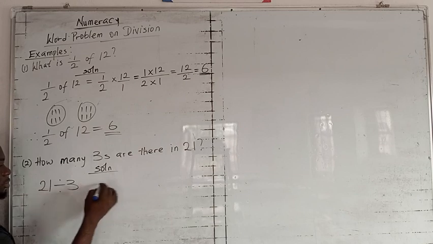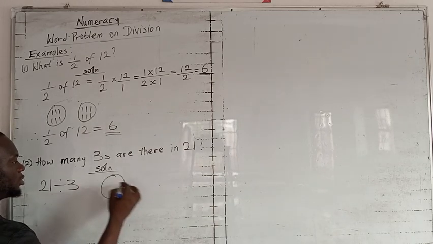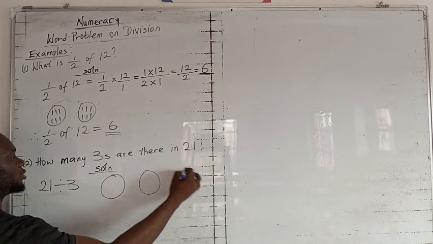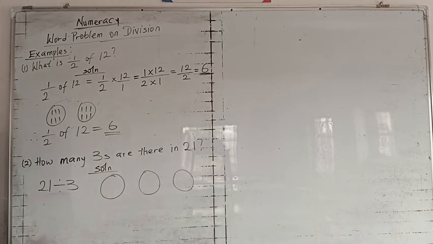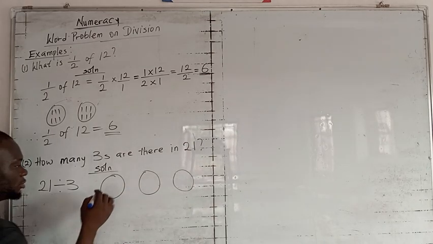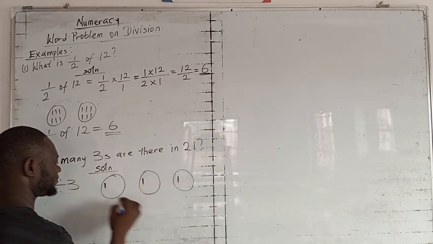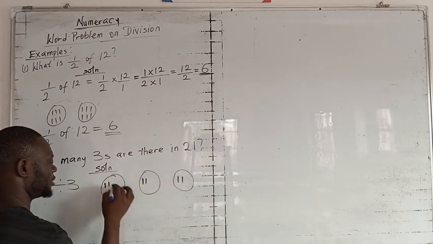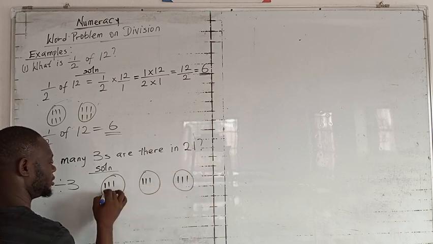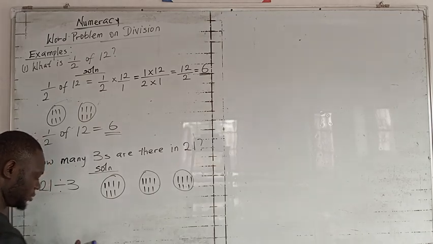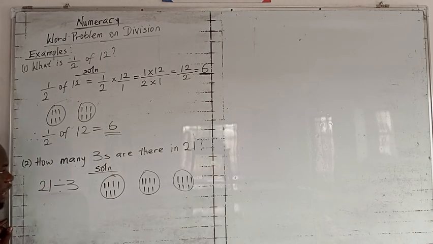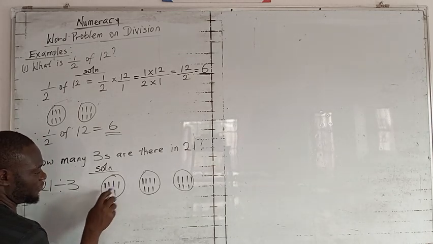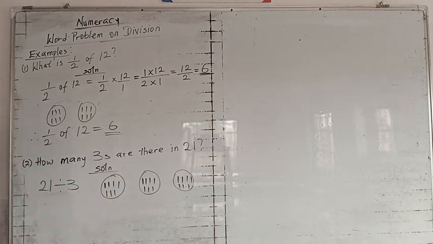So let's use the sharing method or grouping method. Any method of your choice you can use to find it. So let's go: 1, 2, 3, up to 21. So how many are in each? 1, 2, 3, 4, 5, 6, 7. So 7, right?